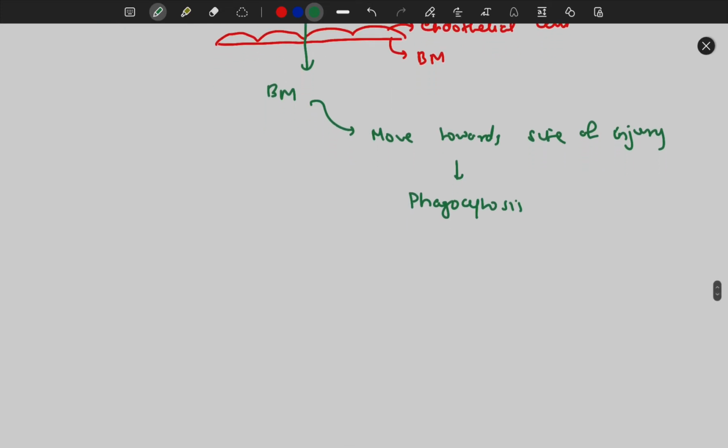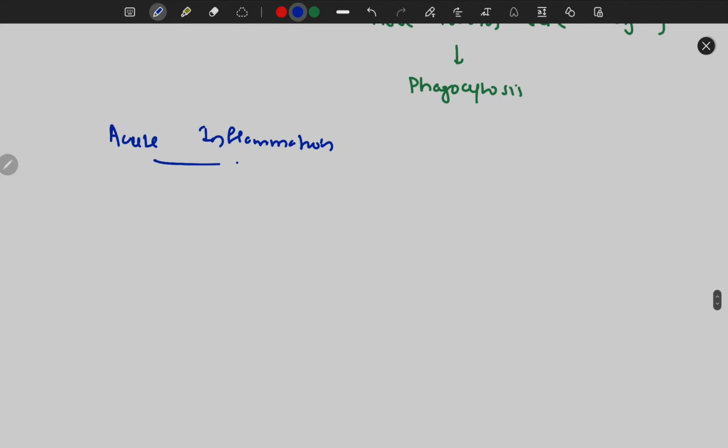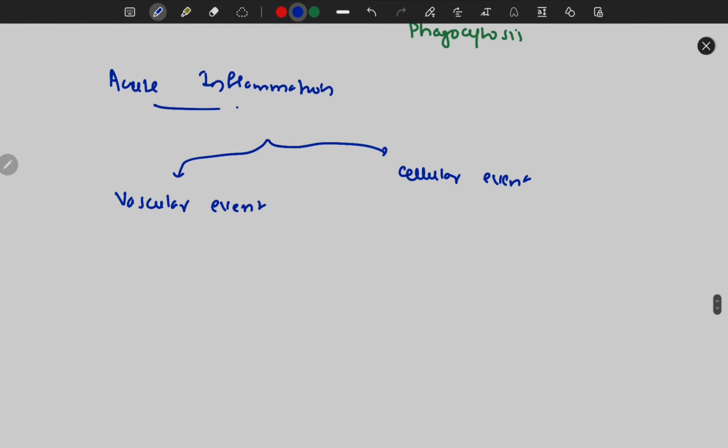So in acute inflammation, there are two events that we can discuss: a vascular event and a cellular event. The vascular event includes vasodilation and an increase in vascular permeability.